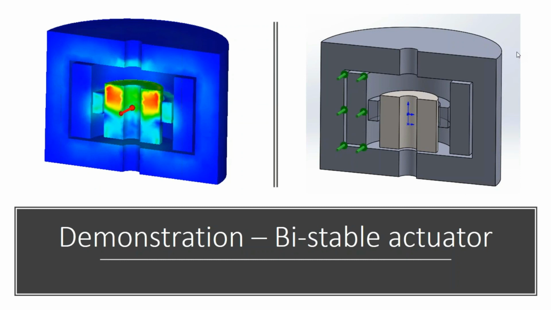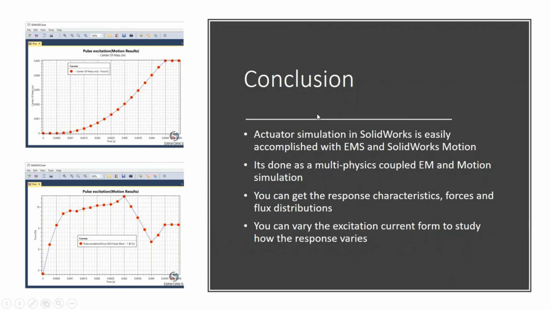We studied both the constant DC current condition as well as a pulse excited condition, and we were able to satisfy the design need of actuating this actuator under 5 milliseconds. And in this process, we were also able to come up with the response characteristics of the actuator, namely the center of mass displacement, the velocities, the accelerations, and the force acting on the actuator at various instances of time.